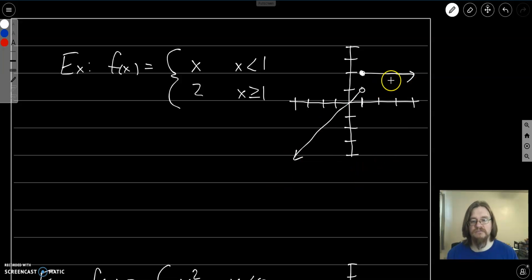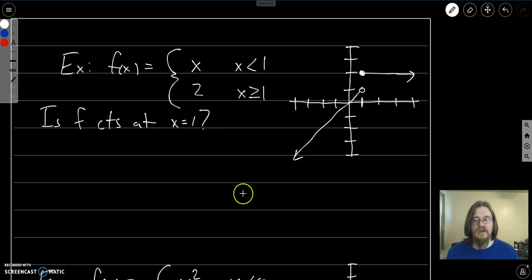So again, let's see, is f continuous at x equals 1? Well, we kind of think, oh, I'm jumping up. I can't draw this without lifting my pen up off the paper and then continuing on. So this shouldn't be continuous here, but we can check. Let's take the limit as x approaches 1 from the left.